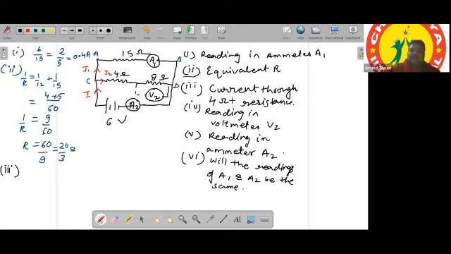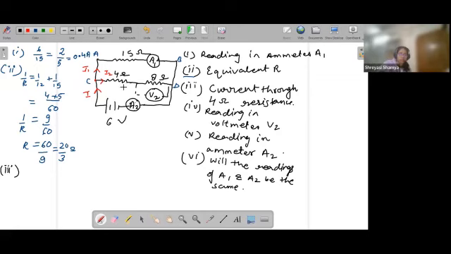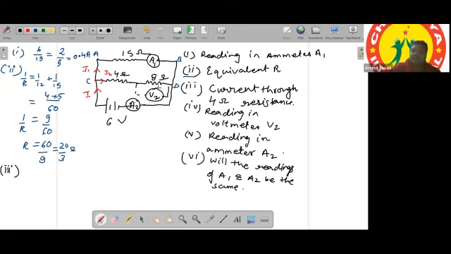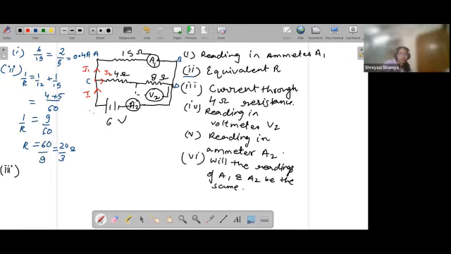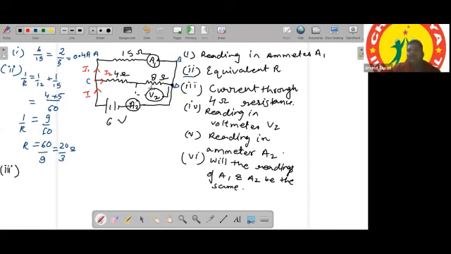Tricky in the sense that they are asking the current through the 4 ohm resistance, but for that you need to find the current through this complete branch CD. As the current in a series circuit remains the same, whatever current flows through the 4 ohm resistance, the same current will flow through the 8 ohm resistance also.